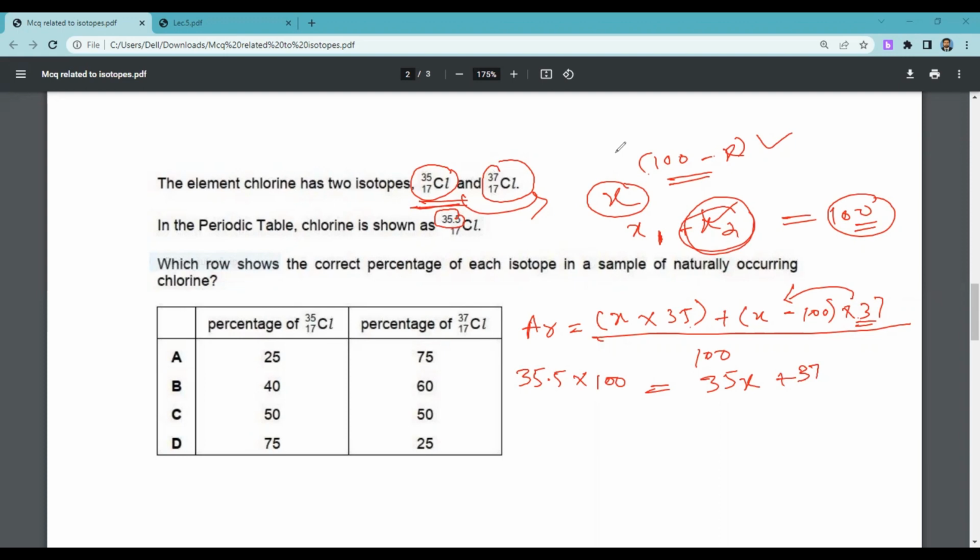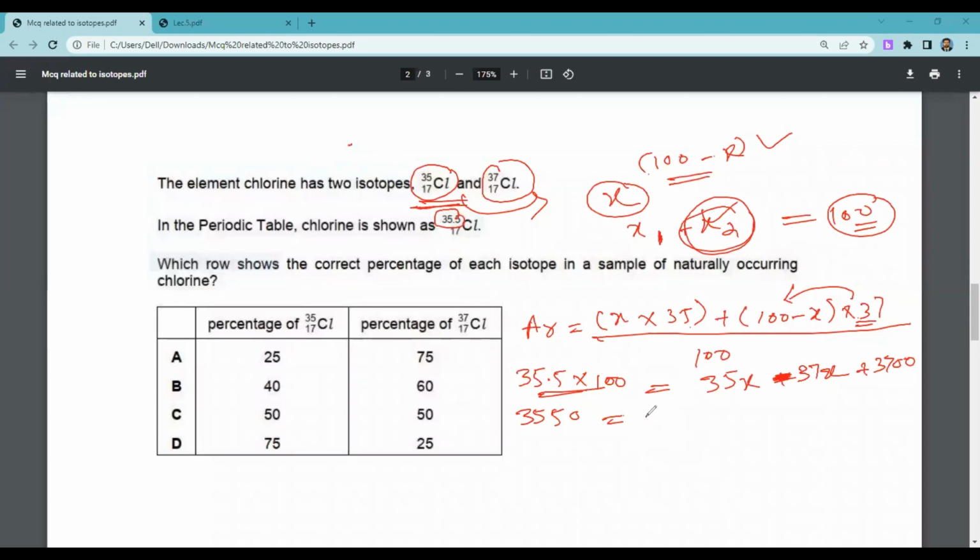Sorry, I am repeating the mistake again. This is not x minus 100. This is 100 minus x. So we will write 35x plus 3700 minus 37x. 35.5 multiplied by 100 gives 3550.